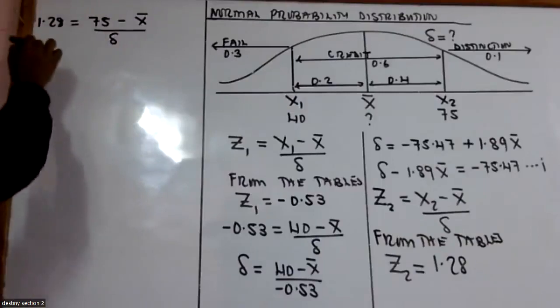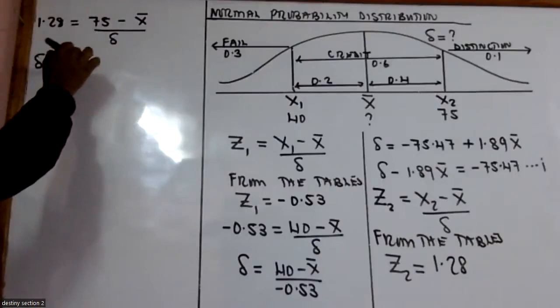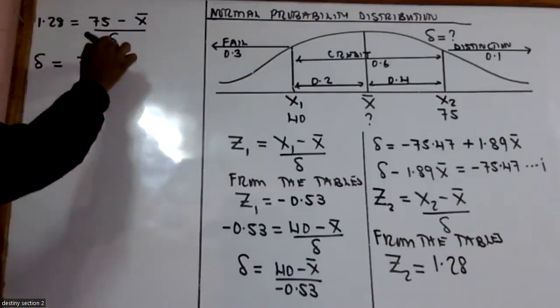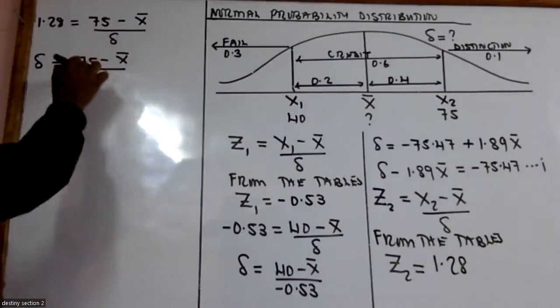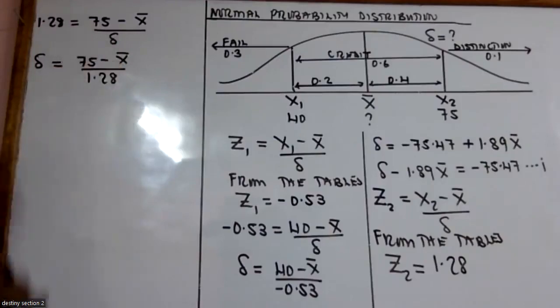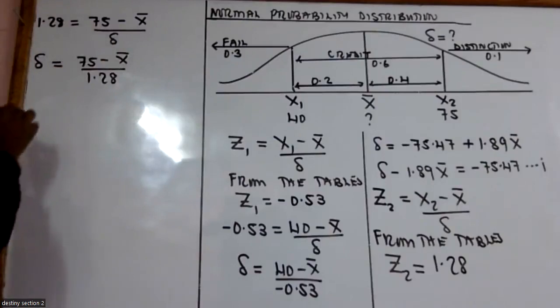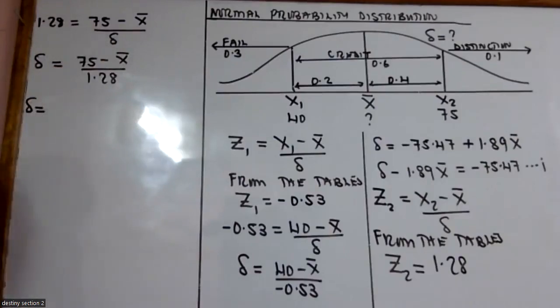So ukipindua venye tumepindua, utaachiwa standard deviation being equal to 75 minus x bar, you divide by 1.28.